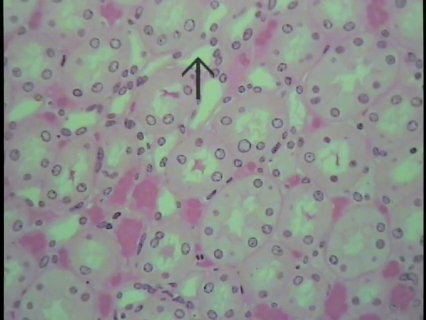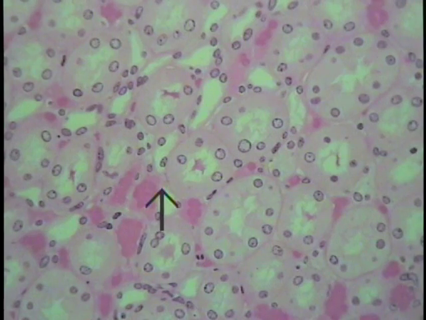Note that some tubules are lined by a simple squamous epithelium, as indicated by the pointer. This particular tubule, this tubule shown here, this one here, this one over here, and so forth.